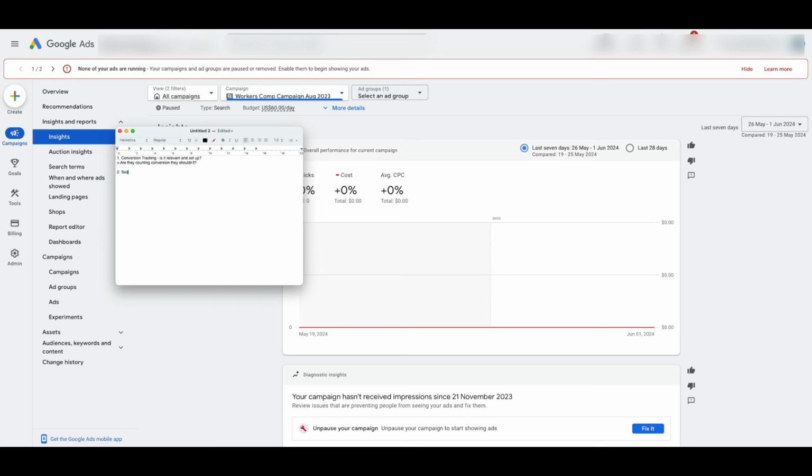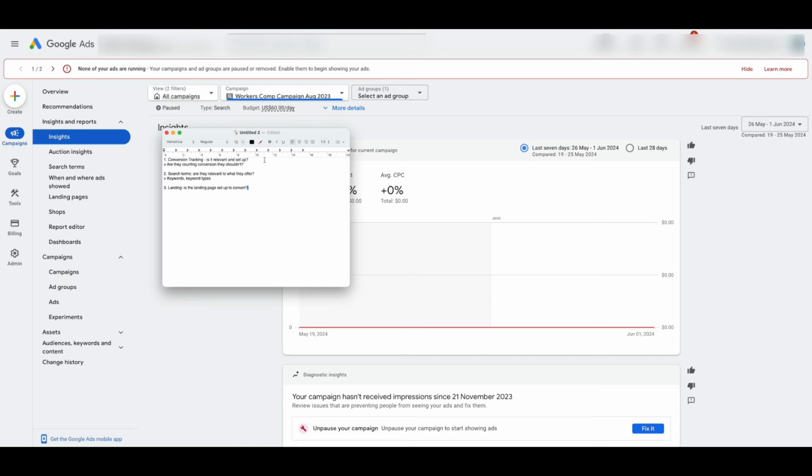Two, are the search terms relevant to what they offer? And that comes from the keywords, keyword types. And then three, the landing page. Is the landing page set up to convert?